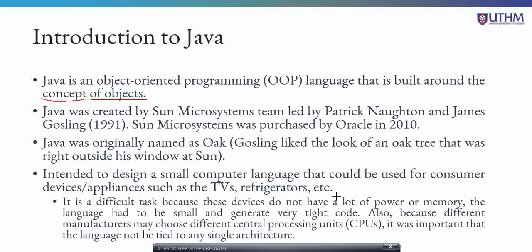Let's say Sharp uses an x86 processor, and another brand like Toshiba uses an ARM architecture processor. x86 and ARM are different architectures, so we cannot simply use C for both platforms.